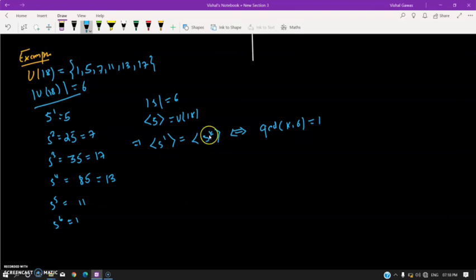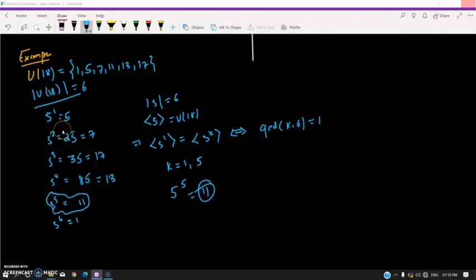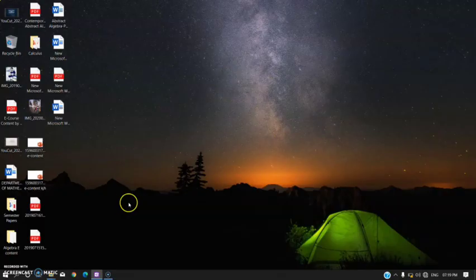What are the values of k? k can be 1, which is already there. k can't be 2, k can be 3, k can't be 4, k can be 5. So I have two generators of this, and the generator is 5 raised to 5, which is 11. From here I can just find all the generators: take one which generates, and you can look at the rest.